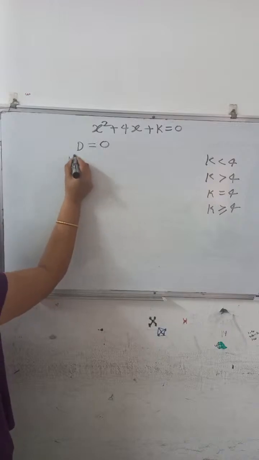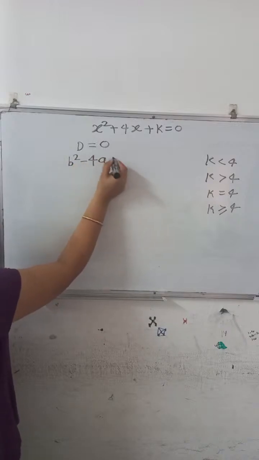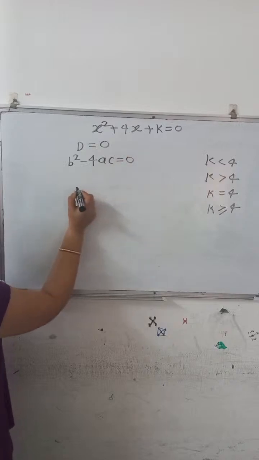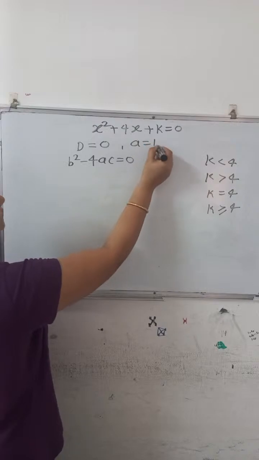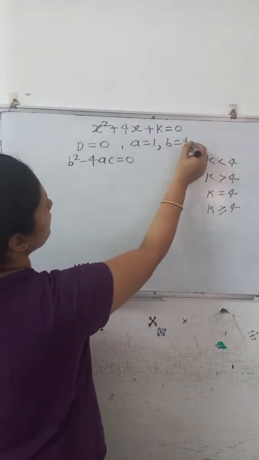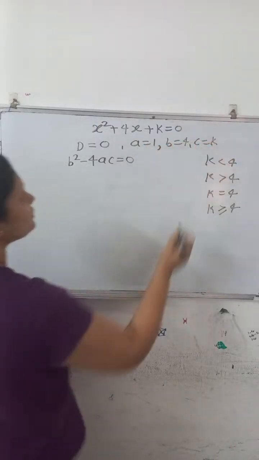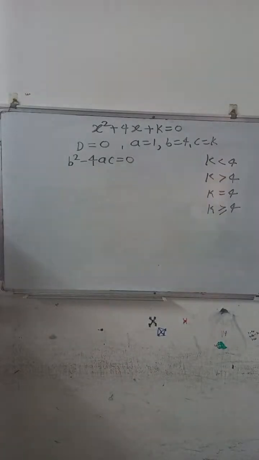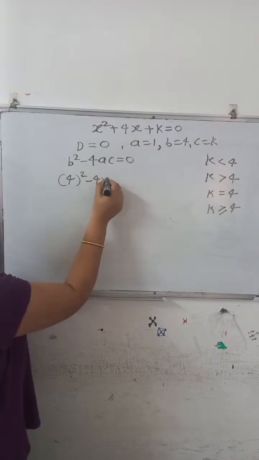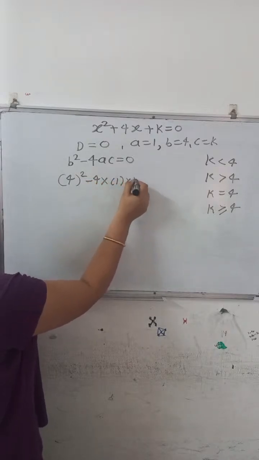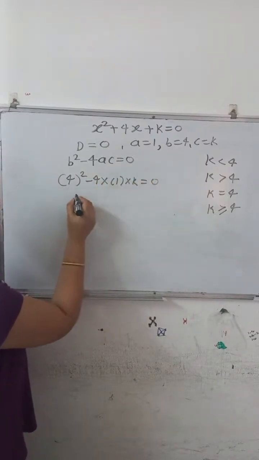Discriminant is nothing but b square minus 4ac is equal to 0. If you compare with the standard equation, here a is 1, b is 4 and c is k. So b square is 4 square minus 4, a is 1 and c is k, is equal to 0.